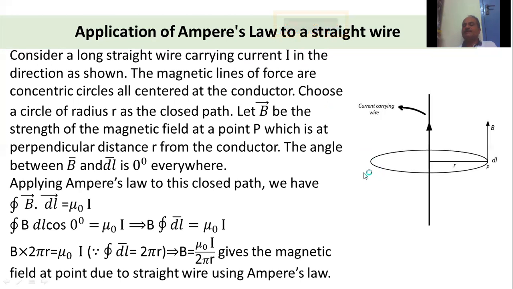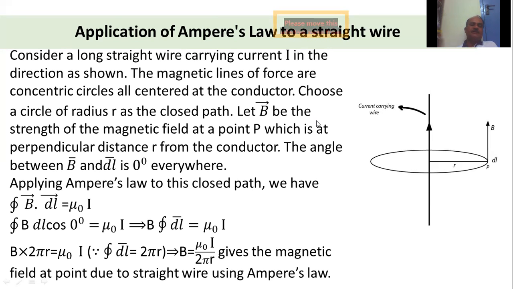The magnetic lines of force are concentric circles, all centered at the conductor. For example, here we have shown one magnetic line of force. All the magnetic lines of force encircle this conductor, and they are centered at the conductor.